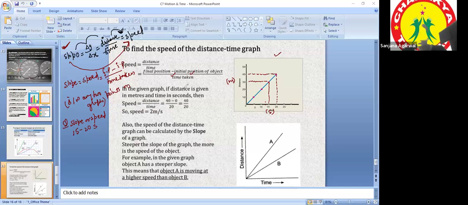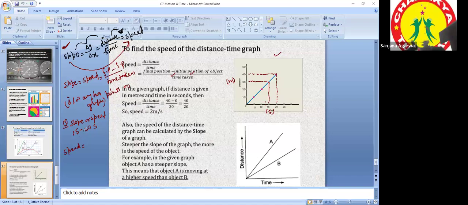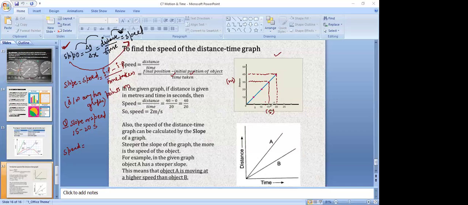Now, please tell me, ma'am, what is the time taken? Should we write 20, or should we take the difference of two, very simple. I'm asking you, right? Speed between 15 to 20 seconds means from 15 to 20. So, ma'am, 5 seconds.